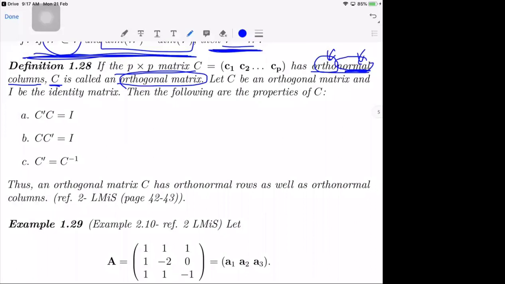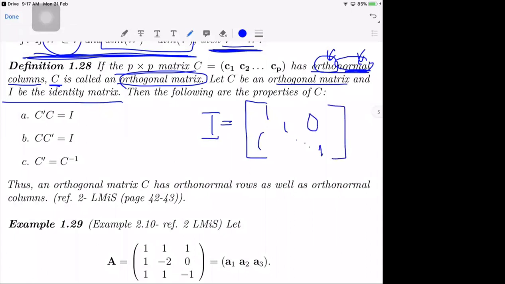So let C be an orthogonal matrix and I be the identity matrix. Again, the identity matrix is a matrix where the diagonal entries are 1 and the off-diagonal entries are 0.